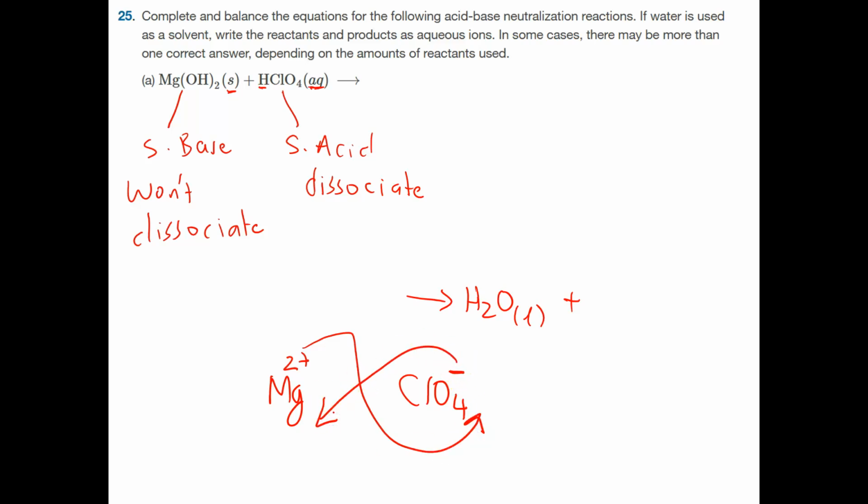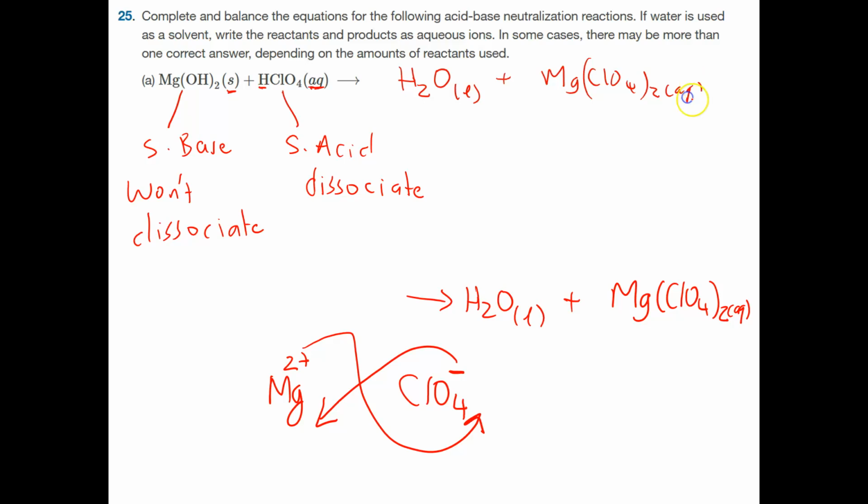So we're going to use the crossover rule to get the formula of our ionic compound, and it must be Mg(ClO4)2, and that's going to be dissolved in water. So we're going to make water, and we're going to make Mg(ClO4)2 (aq). It's going to be dissolved in water.